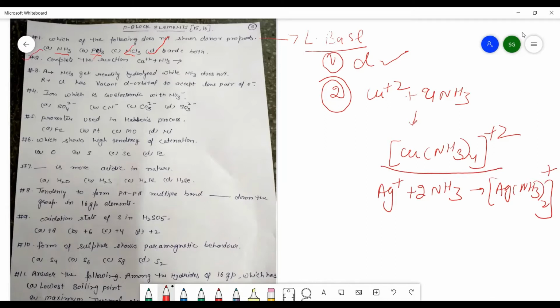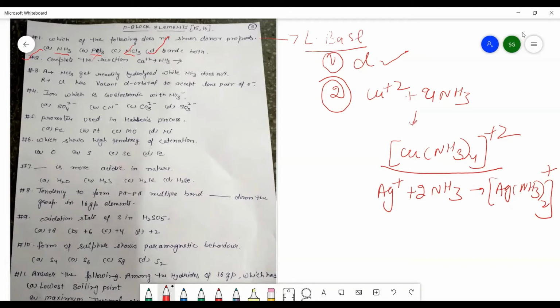Now question number 3 is the assertion reasoning question that NCl3 gets readily hydrolyzed while NF3 does not. Hydrolysis means that the coordination number must be increased. Now you can say nitrogen does not have the vacant d orbital.